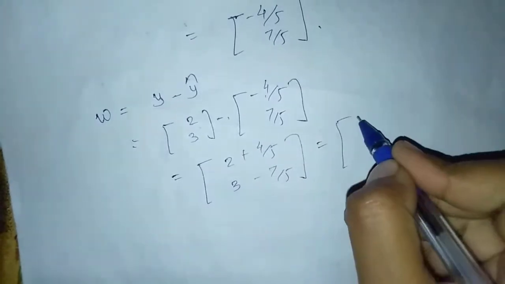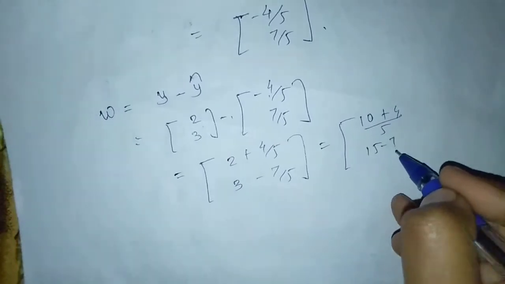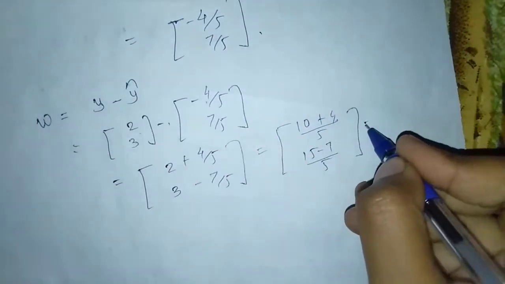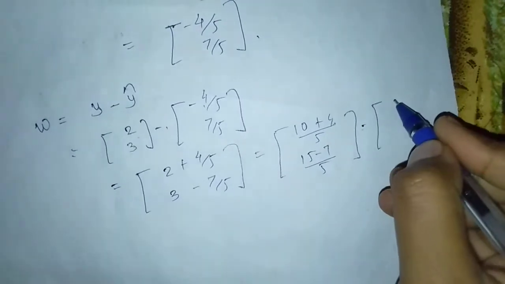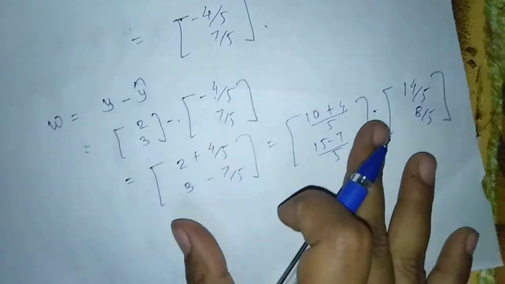We get (10 + 4)/5, (15 - 7)/5, which is equal to (14/5, 8/5).